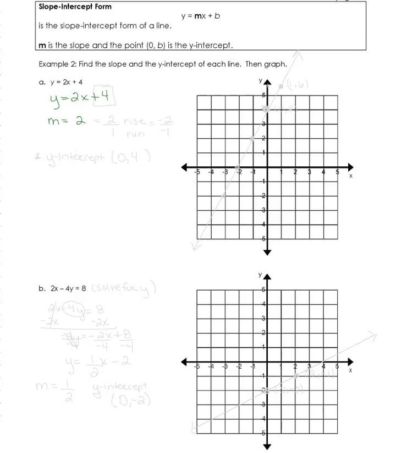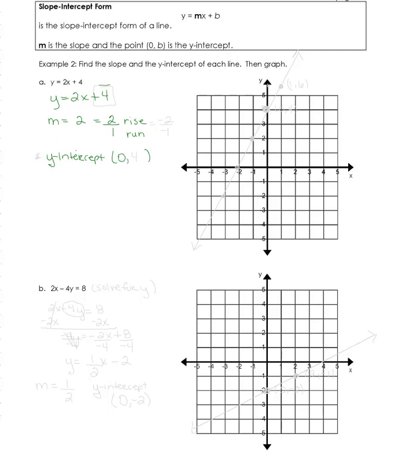So when the slope is 2, I want to write it as a fraction. How do we write any integer that's not written as a fraction as a fraction? 2 over 1. So we're going to rise 2, we're going to run 1. Then our y-intercept will always be an ordered pair. Remember, to find the y-intercept, we let x equal 0.